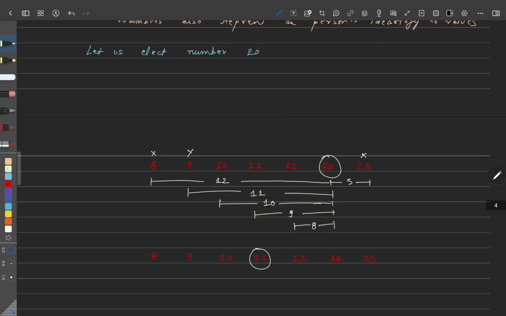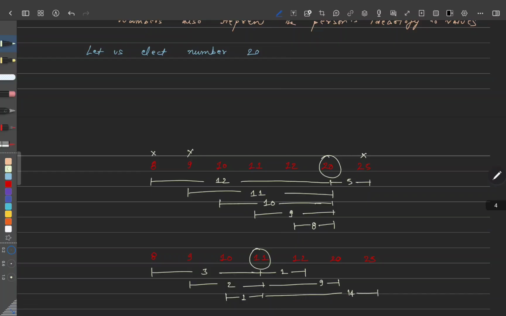Difference from 8, 3, difference from 9, 2, difference from 10, 1, difference from 12, 1, difference from 20, we have 9, and then difference from 25, we have 14.